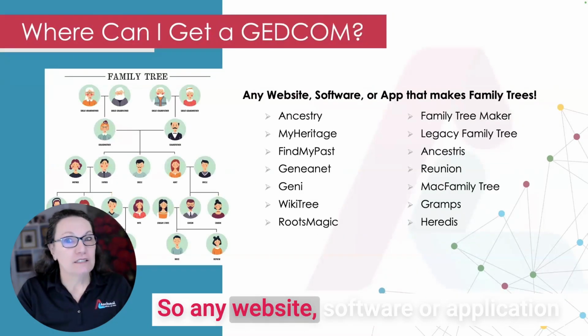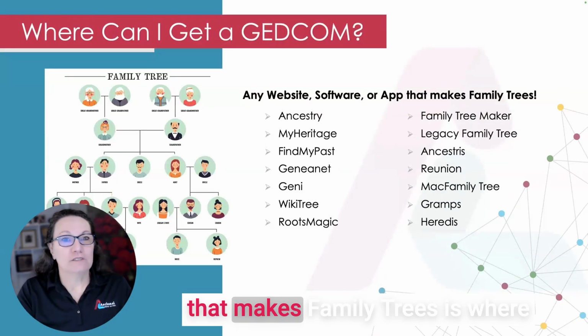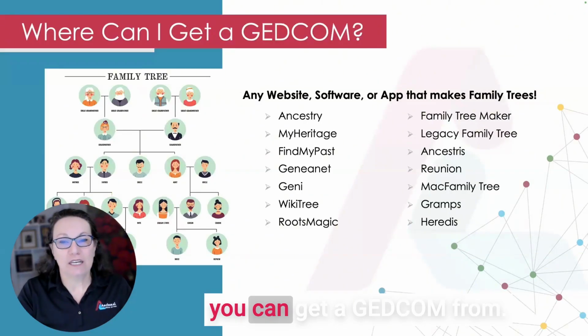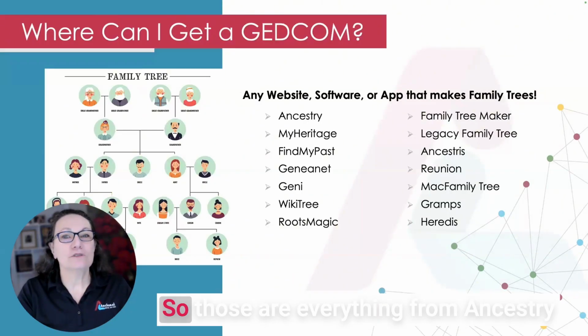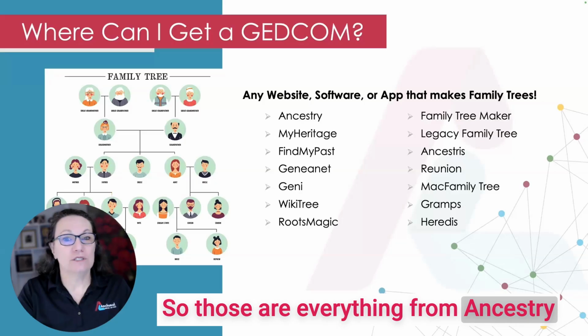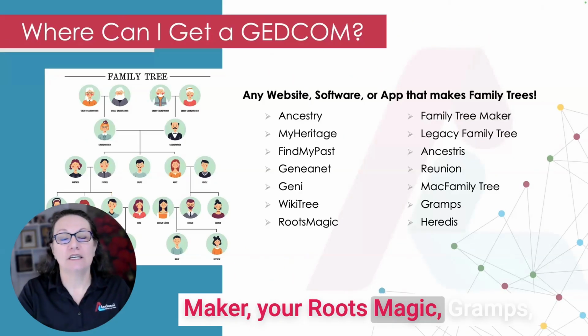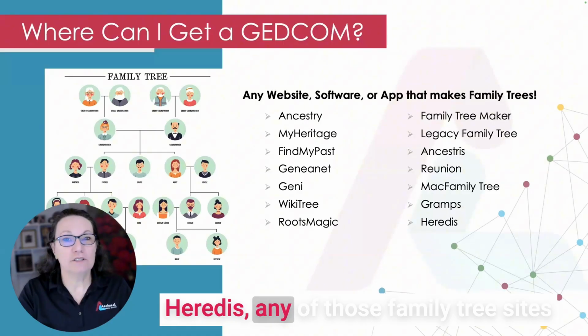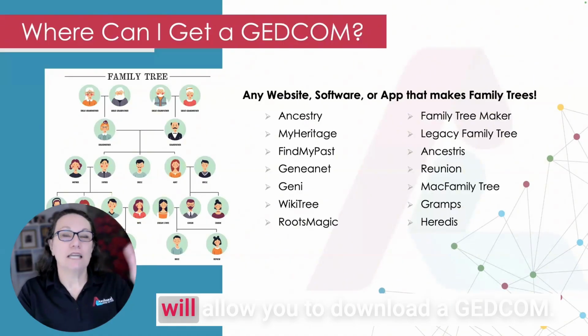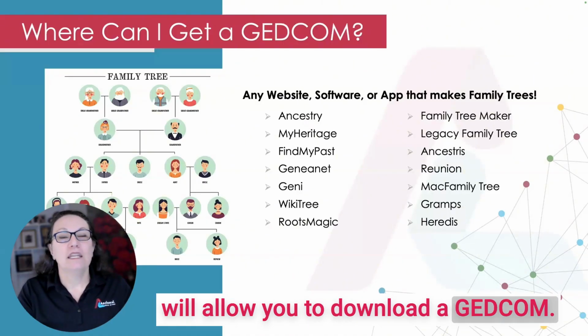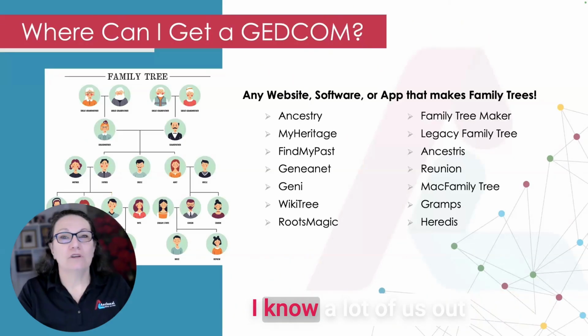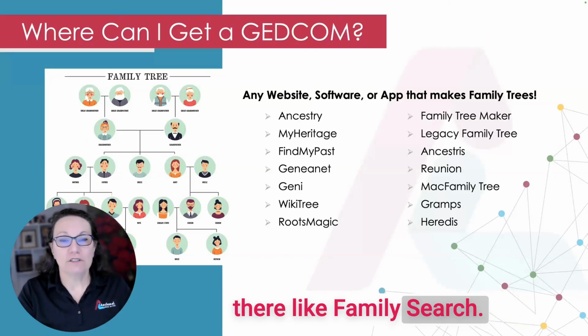So any website, software, or application that makes family trees is where you can get a GEDCOM from. So those are everything from Ancestry to MyHeritage to your Family Tree Maker, your Roots Magic, Gramps, Heritage, any of those family tree sites will allow you to download a GEDCOM. Now, there are some exceptions. I know a lot of us out there like Family Search.